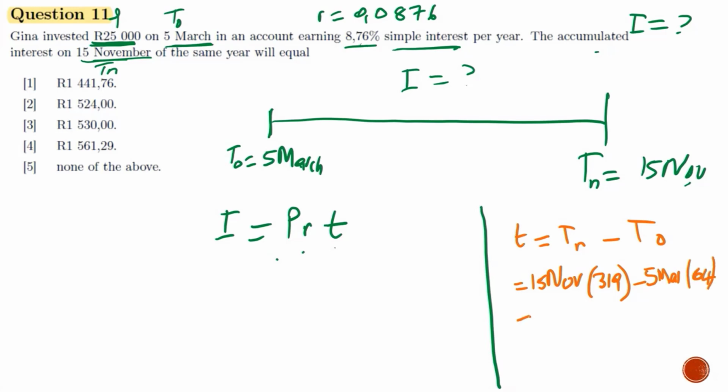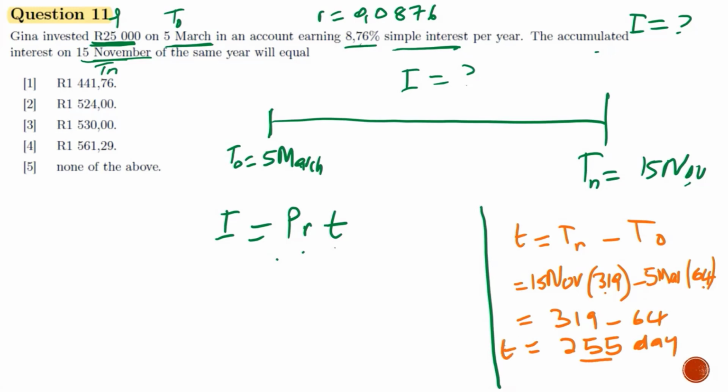To get the time, you say 319 minus 64. This is going to give you 255 days. So now your T is 255.